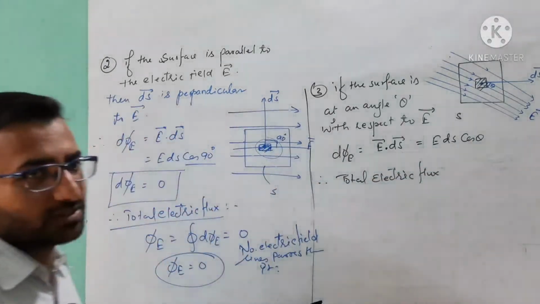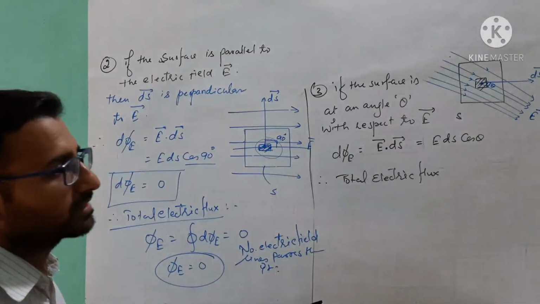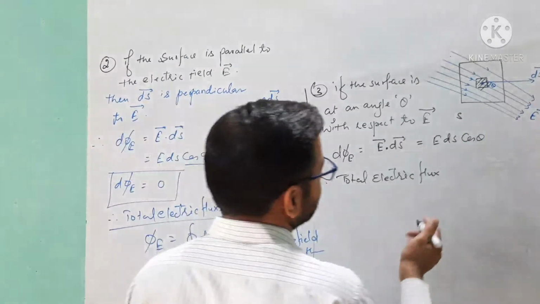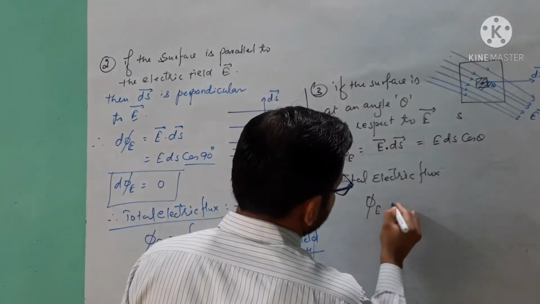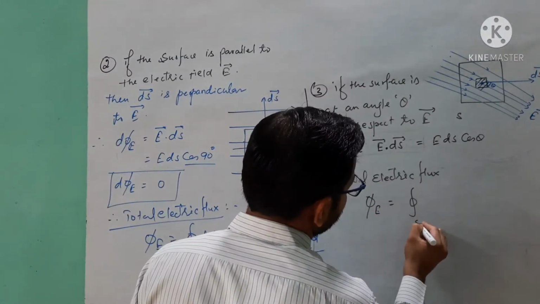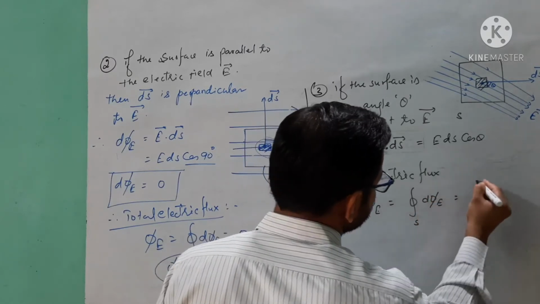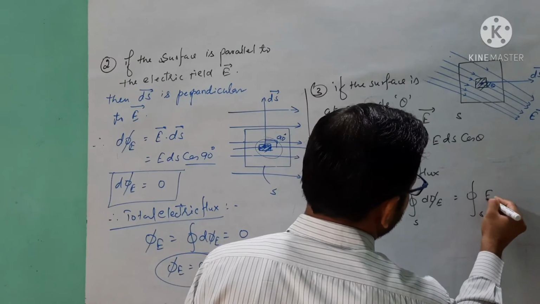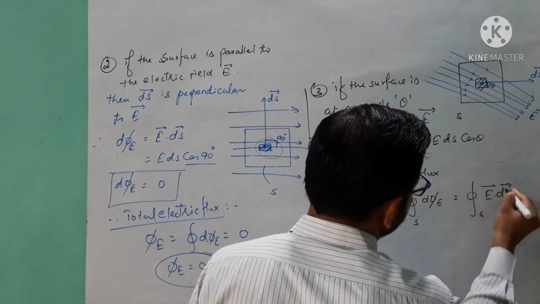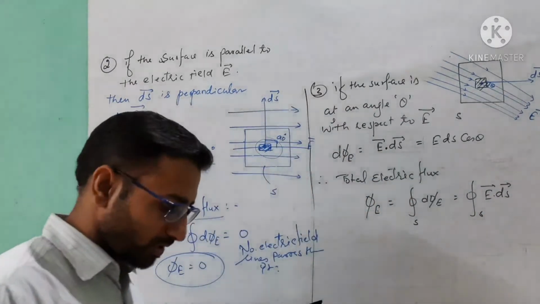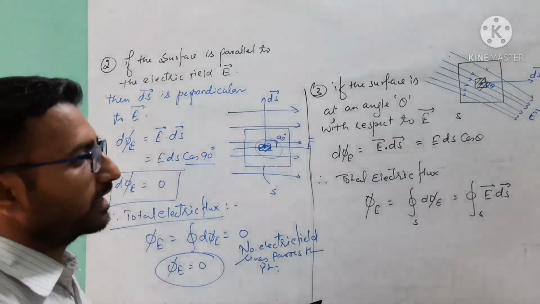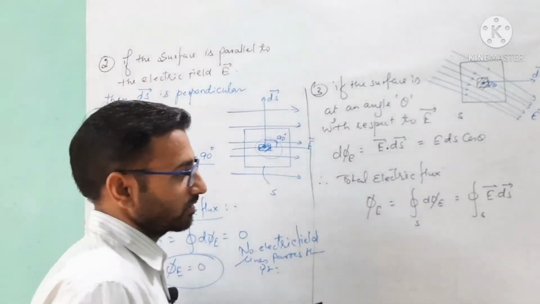Therefore the total electric flux passing through the given surface area S enclosed by volume V can be said to be the surface integral of d phi E, which is equal to E dot ds, meaning the surface integral of the dot product of the electric field and the area vector.